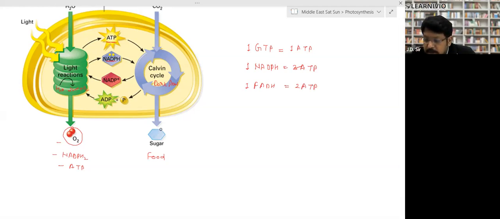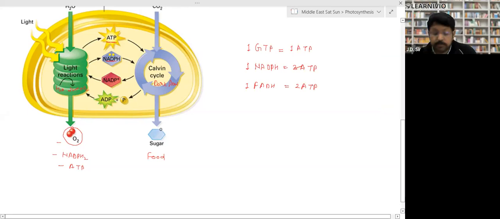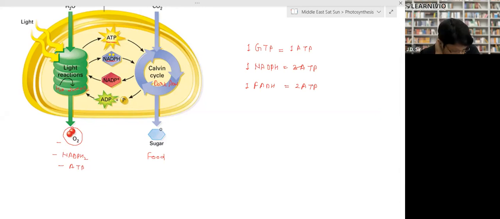Then we will talk about the light reaction, and then we will talk about the photosystem. What is the photosystem? Done? Noted?